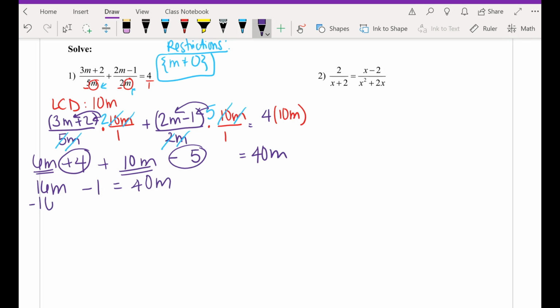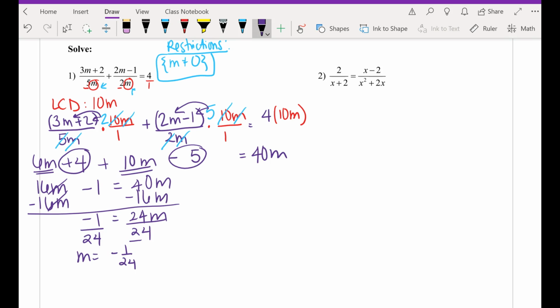We want to subtract 16m from both sides. There you go. So negative 1 equals 24m. Divide both sides by 24 because we want to solve for m. So m equals negative 1 over 24. Now m is negative 1 over 24, which is perfect because as long as it's not the same as the restriction, then you can keep that answer.